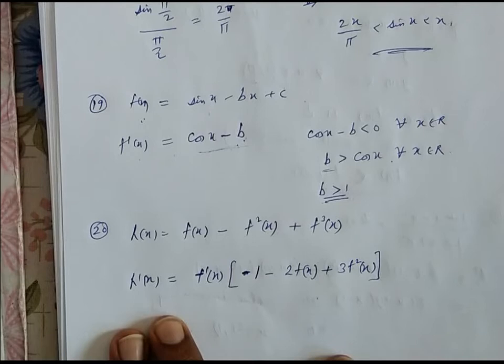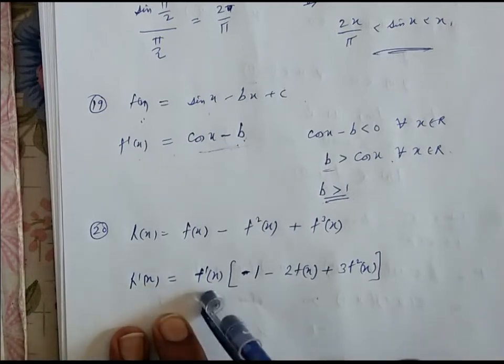Now moving on to question number 20, h(x) is equal to f(x) minus f square x plus f cube x. If h is increasing whenever f(x) is increasing, I think there's some language issue in this question. The question is asking for the increasing or decreasing range of f(x), if I'm not wrong. Let's calculate h dash first.